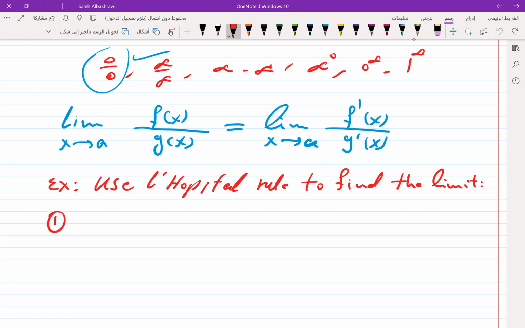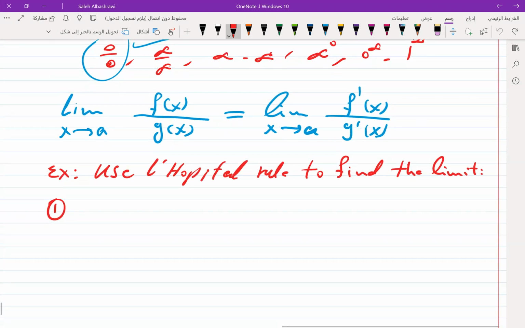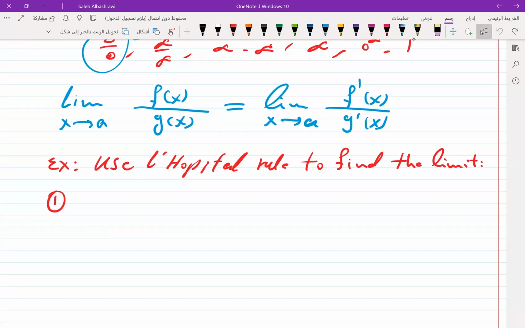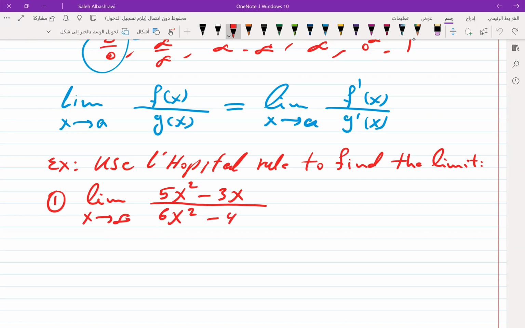Number 1. Limit of 5x squared minus 3x divided by 6x squared plus 4 as x goes to infinity.